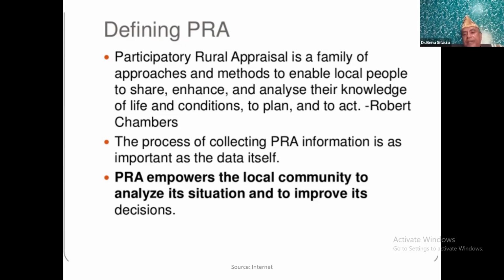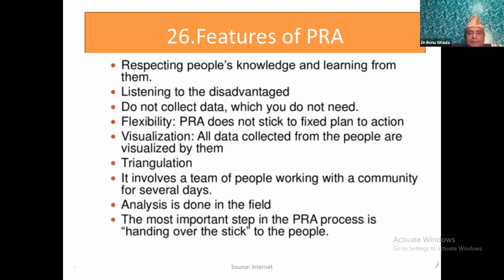It is the definition given by Robert Chambers. Actually, the process of collecting participatory rural appraisal information is as important as the data itself. And the PRA empowers the local community to analyze its situation and to improve its decisions.